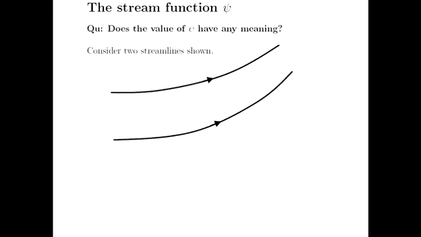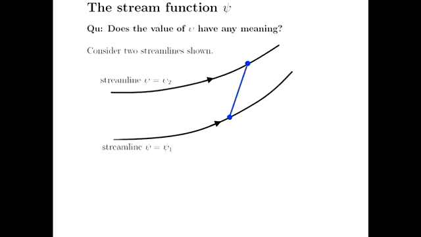This, again, was something that certainly bypassed me when I first learnt about potential flow. So just consider two streamlines. We now know that those two streamlines are going to have constant values of that stream function psi all the way along them. We'll say that one has a value psi1 and one has a value psi2.